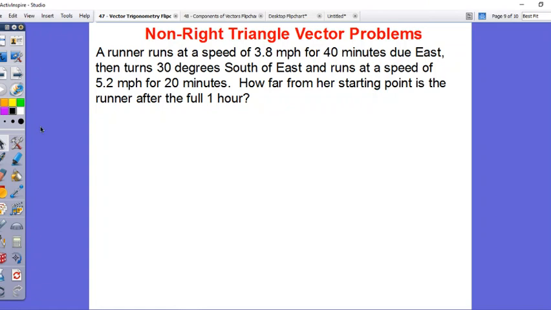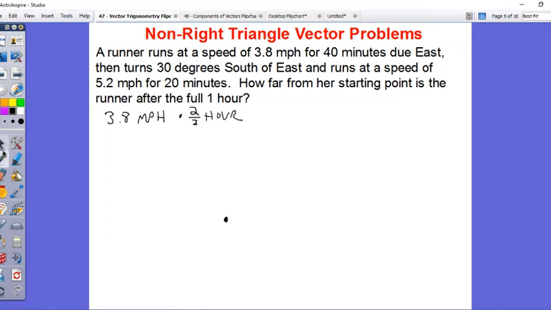A runner runs at the speed of 3.8 miles per hour for 40 minutes due east. So we're going to start here. Now, 3.8 miles per hour times 40 minutes, that's going to be times 2/3 of an hour.